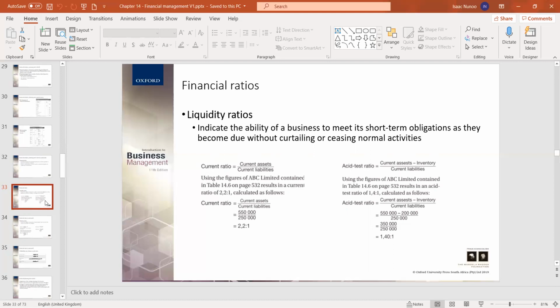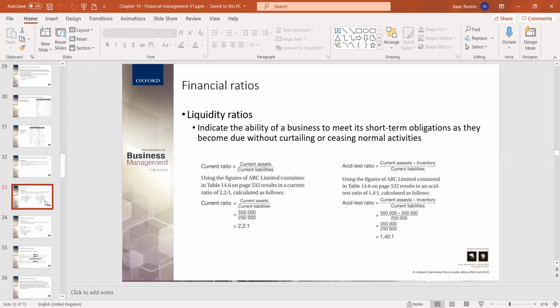Then we can talk about the acid test ratio. The acid test ratio is used in combination with the current ratio as a criterion for evaluating liquidity. It is given by current assets minus inventory, over current liabilities.